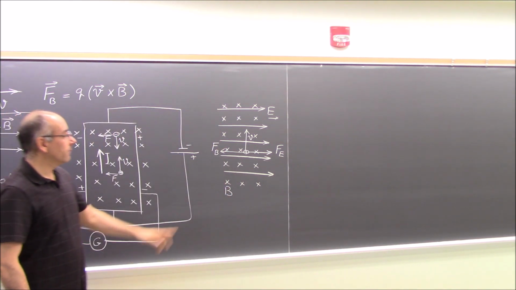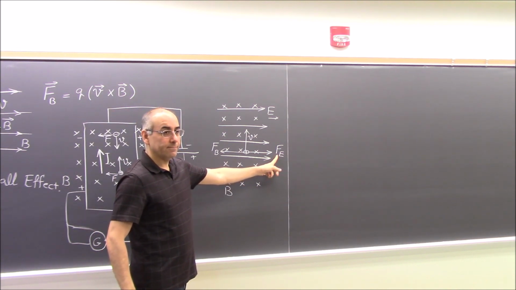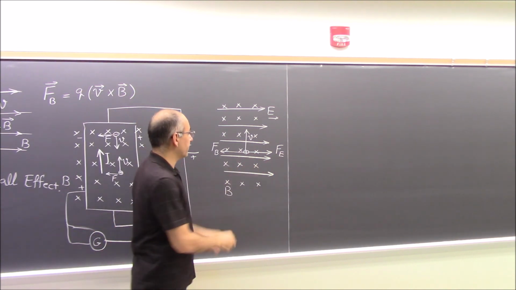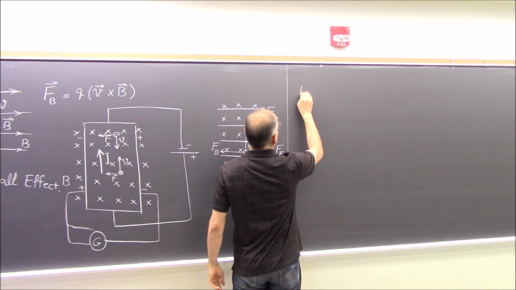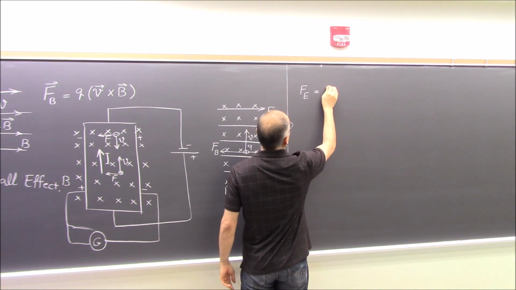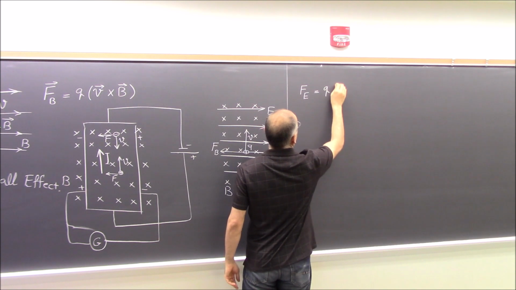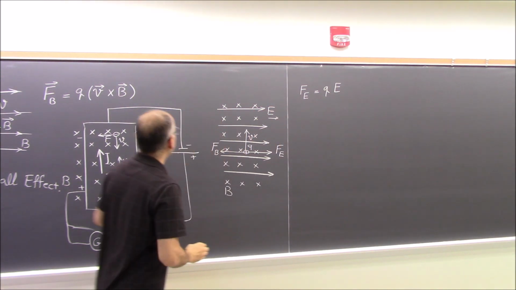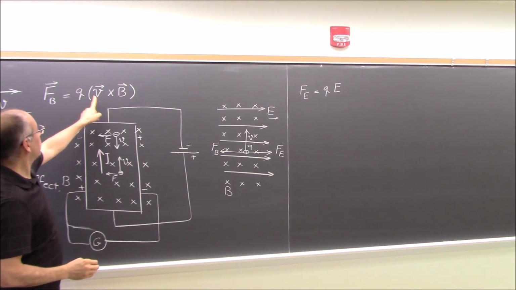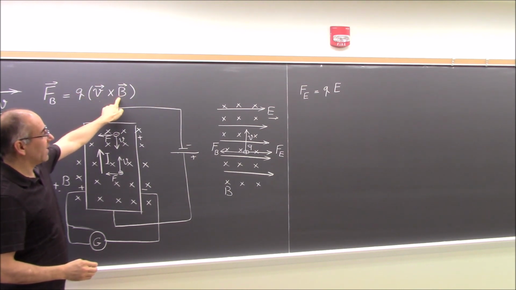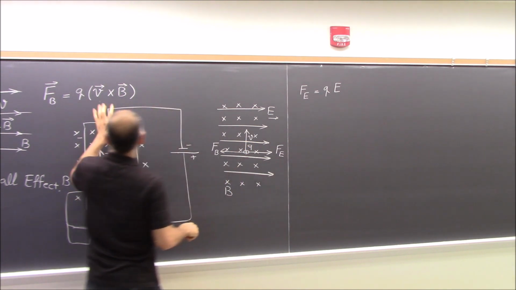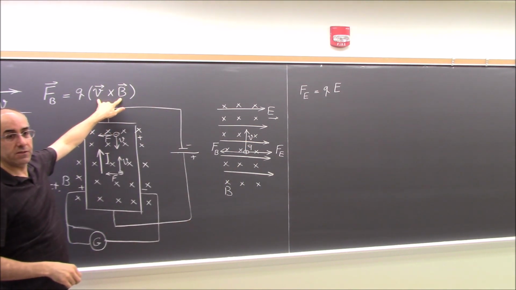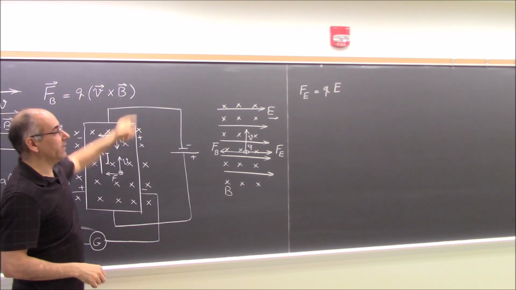And what is the electric force magnitude? If the charge is Q, let's say, what is the electric force? So force of the electric field is equal to, the magnitude is Q times E, right? And the force of the magnetic field is Q times V times B times sine of the angle between them. Because V is perpendicular to B, the sine of angle between V and B is 1. So it will be QVB, right?